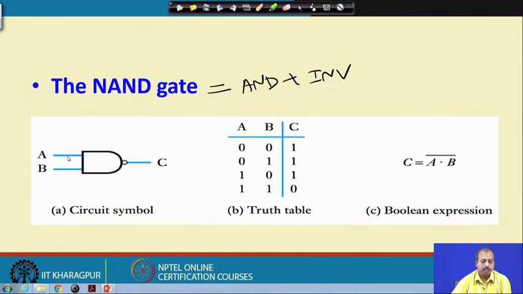As the name suggests, the output will be equal to 1 whenever the AND gate output is 0. AND gate output is 0 whenever any of the inputs is equal to 0. So, in terms of NAND gate, whenever any of the inputs is 0, output will be equal to 1, and only when both the inputs are equal to 1, the output will be equal to 0.